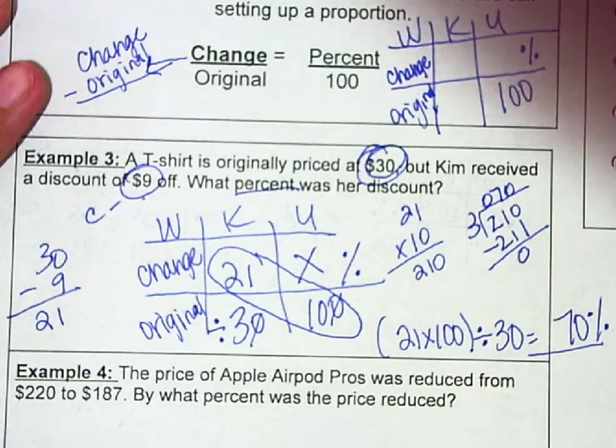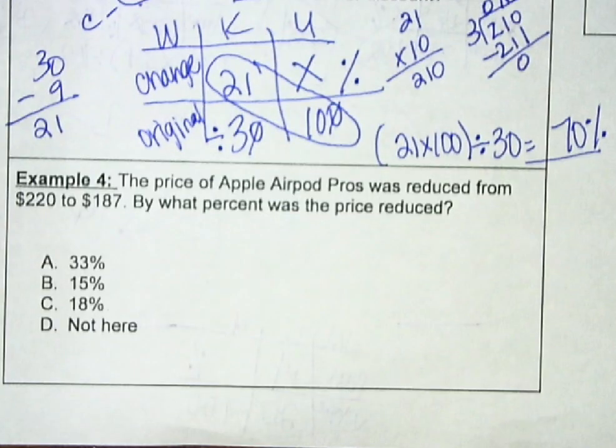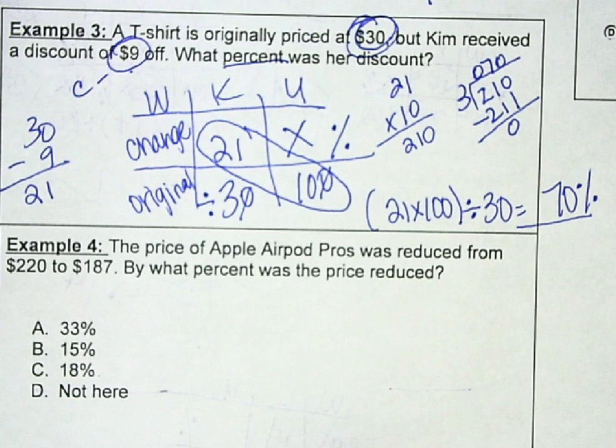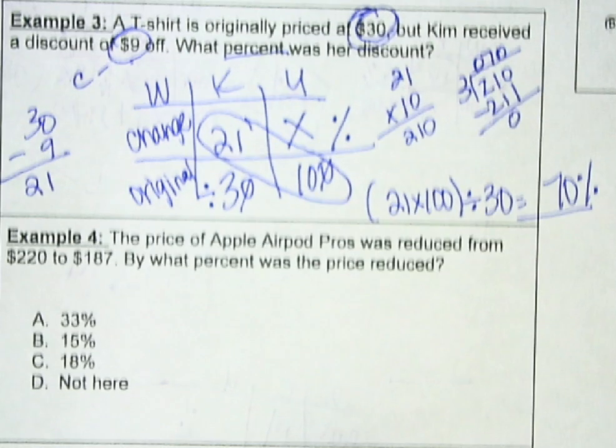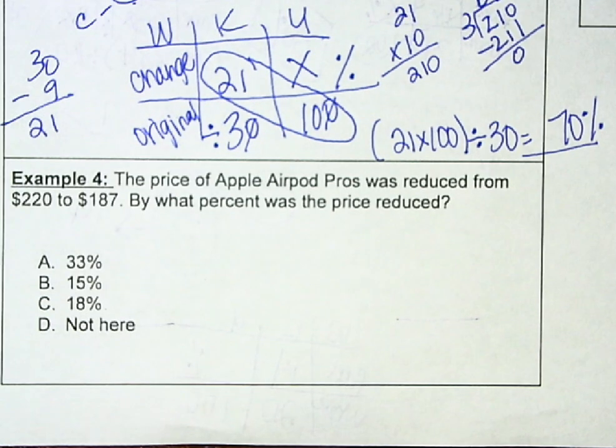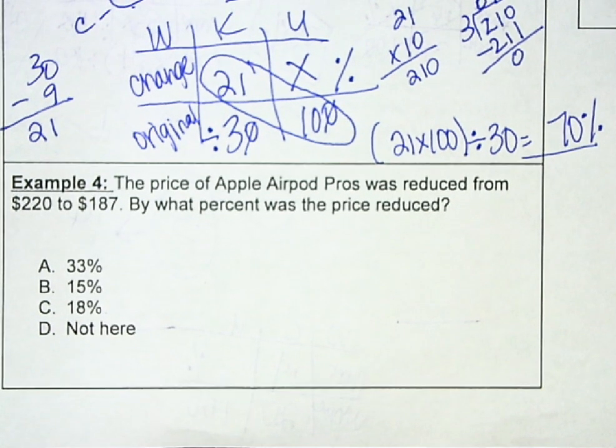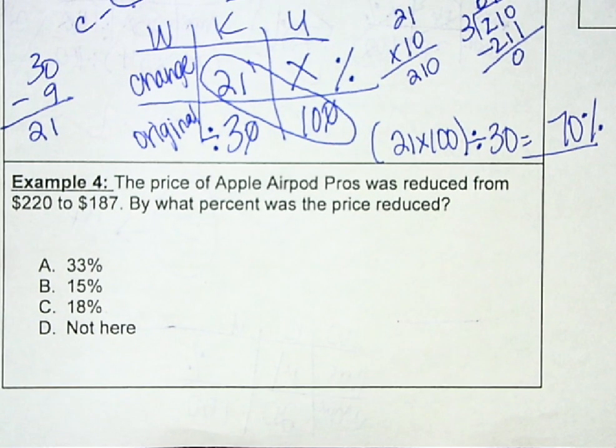Okay. The next one, example 4. Oh, pause the video if you need to write this down. Okay. Example 4, it says the price of Apple AirPods Pros was reduced from $220 to $187. By what percent was the price reduced?